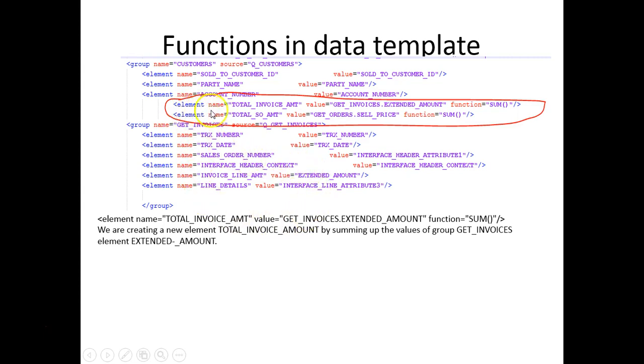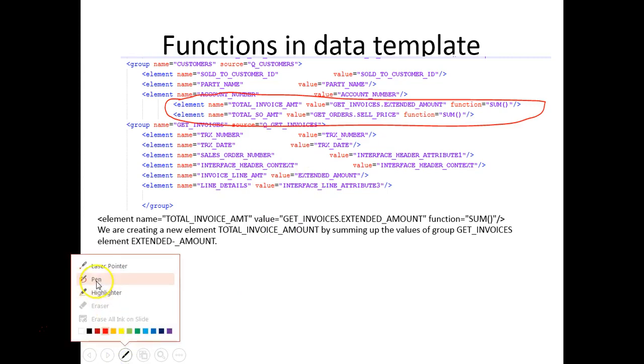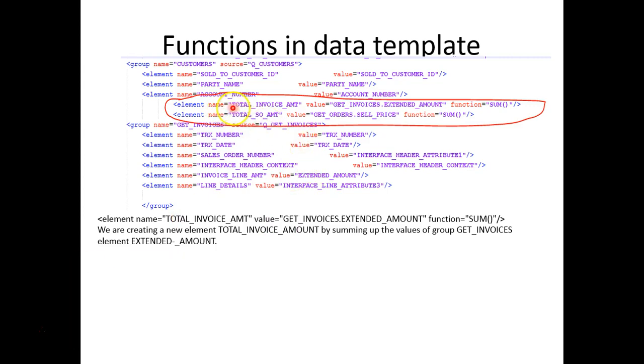In this case, we are adding the element called total invoice element, which is get invoices dot extended amount. We are going to derive the total invoice amount, which is based off the get invoices dot extended amount. If you look at the value get invoices dot extended amount, that's the value that we want, and the function is sum.